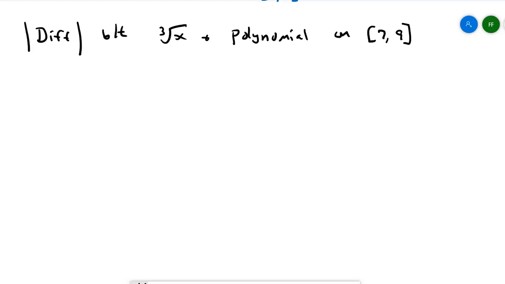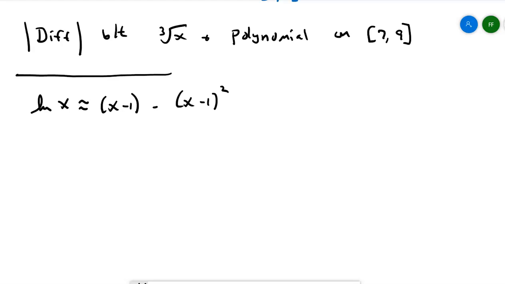So now let's look at the formula for the natural log of x. All right, so I'm going to tell you that the natural log of x can be represented as x minus 1 minus (x minus 1) squared over 2 plus (x minus 1) to the third over 3. So there's a third degree Taylor polynomial for the natural log of x.